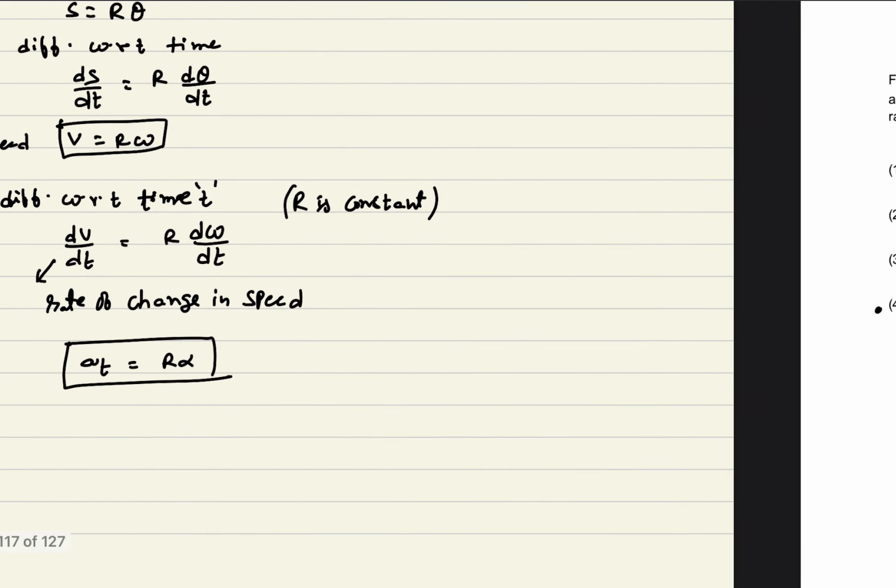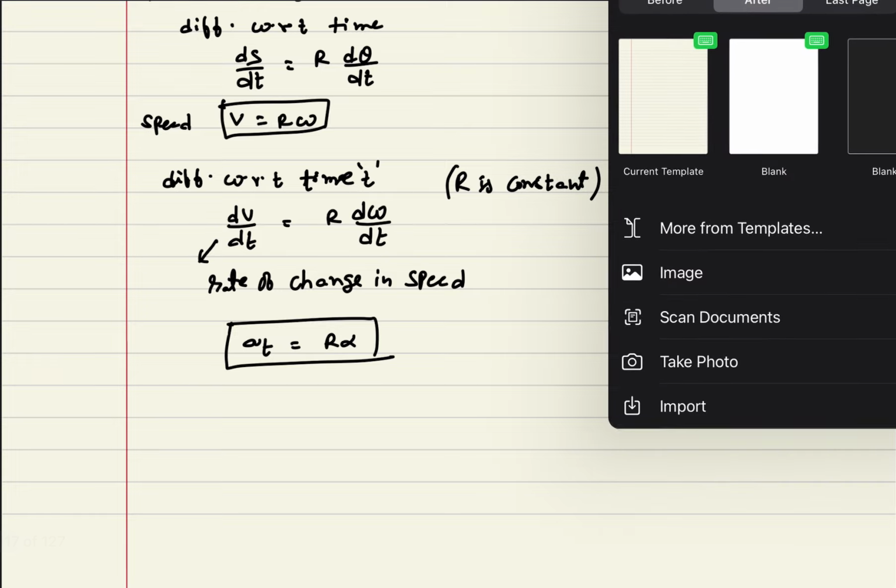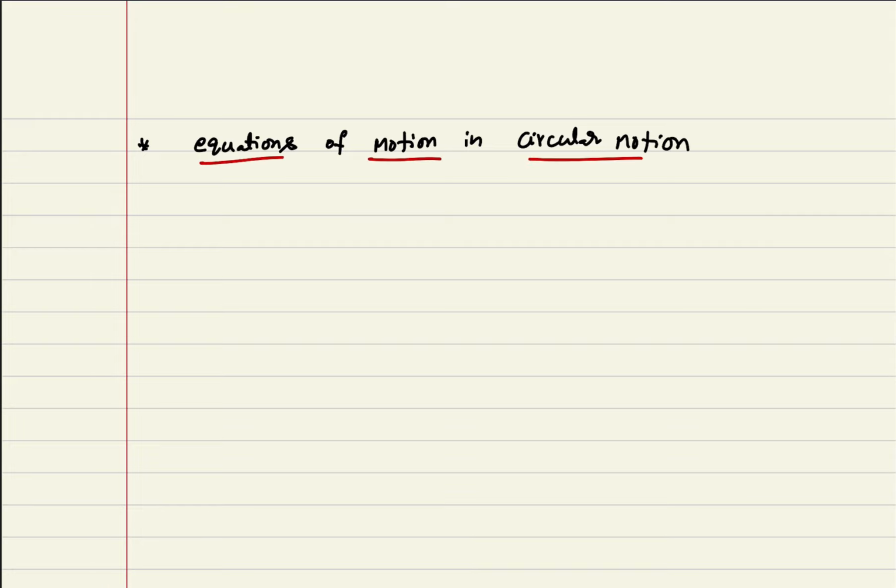Next one, you can see other relations also when a body is moving with uniform angular velocity, non-uniform angular velocity, and non-uniform angular acceleration. We'll see what will happen. Equations of motion in circular motion.